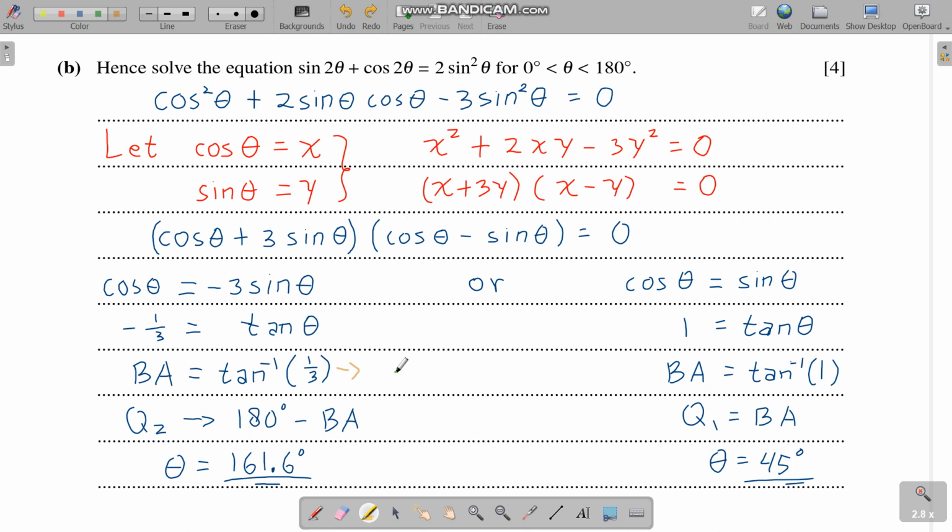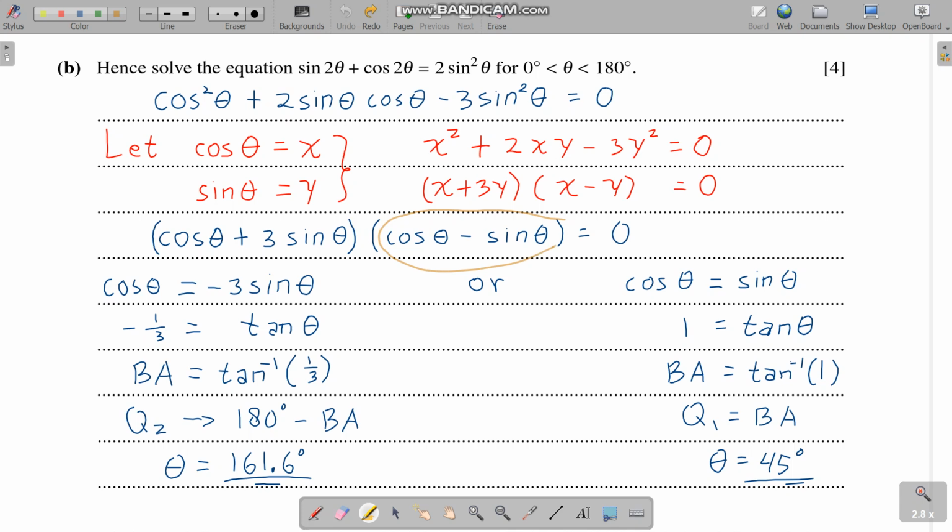And since the tangent theta is supposed to be negative and the domain is between 0 and 180, only quadrant 1 and quadrant 2 is possible. Of course, we can only use the quadrant 2 angle, which is 180 degrees minus the base angle. So you use your calculator, 180 degrees minus inverse tangent 1/3. You're gonna get this number in 1 decimal place for angle in degrees.